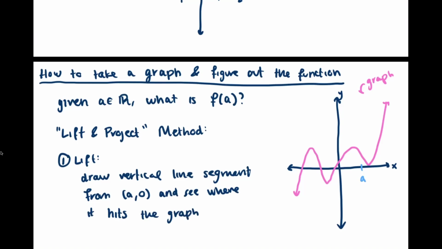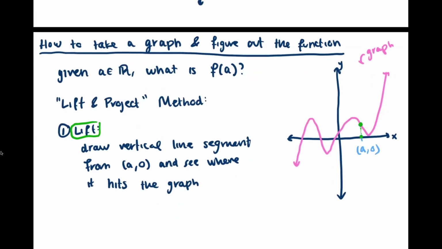Okay, so maybe I'll draw my lift in green in the picture. So I'll start at a comma 0, and I'm just going to start drawing a vertical line, and then it intersects the graph somewhere. And then step 2 is the project.